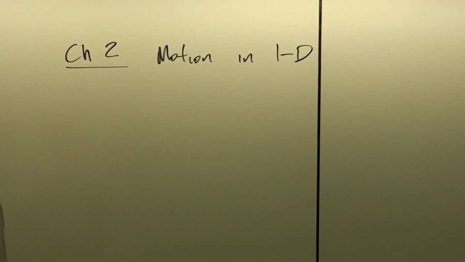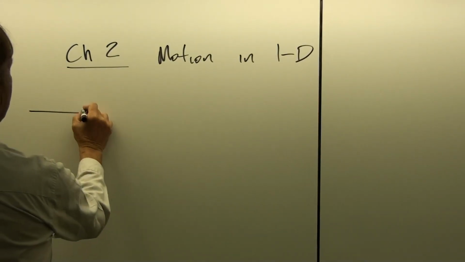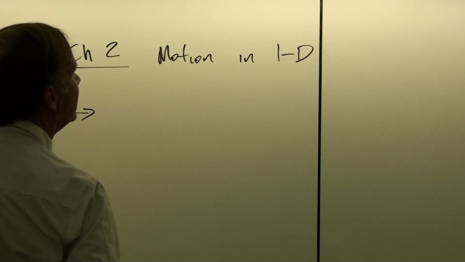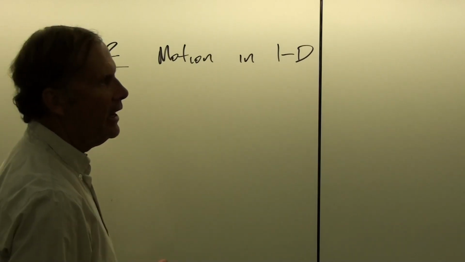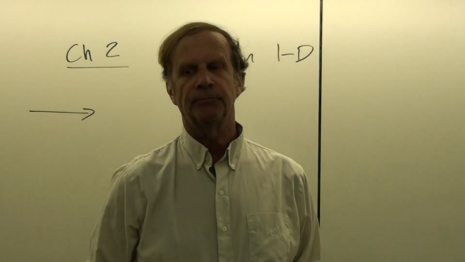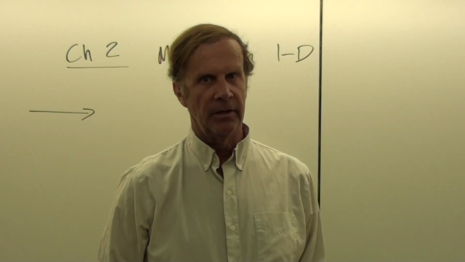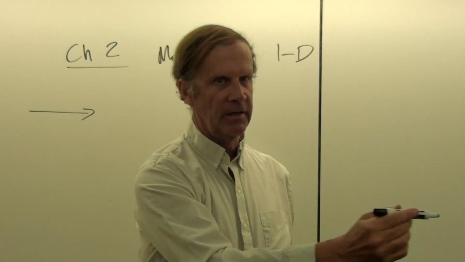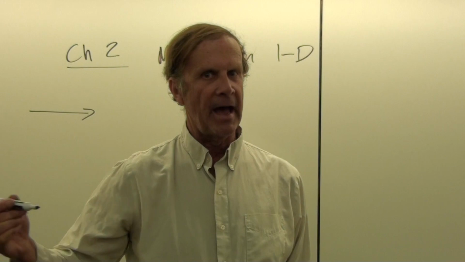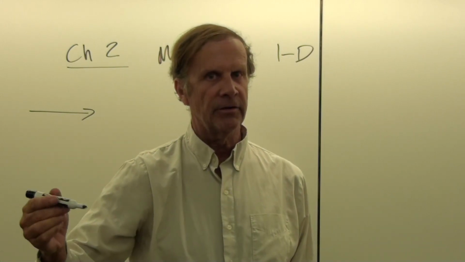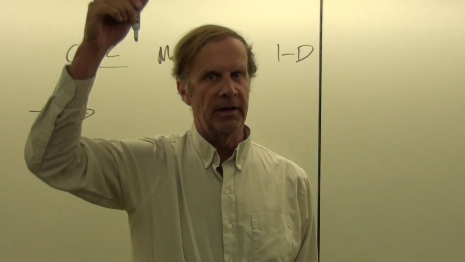Okay, so what does this mean, motion in one dimension? Well, it simply means motion along a line. So this is the simplest kind of motion that we can deal with, is motion in which we're going, say, either across and back in this horizontal direction, or typically up and down.